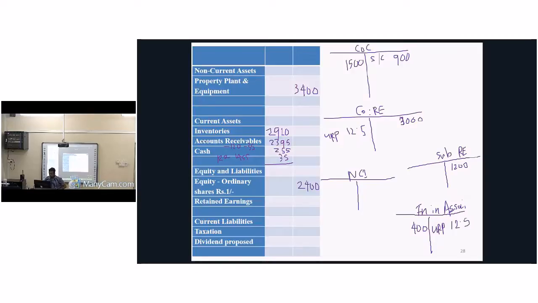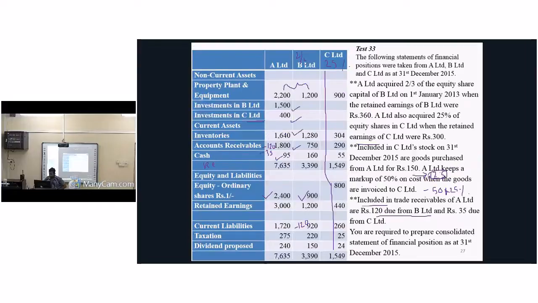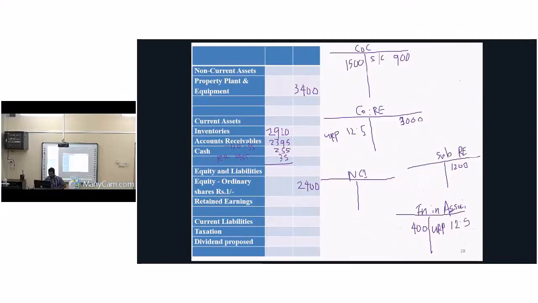Those are brought forward balances. Current liabilities now no change, we can take as it is. 1720 plus 920 minus 120, it's 2520.